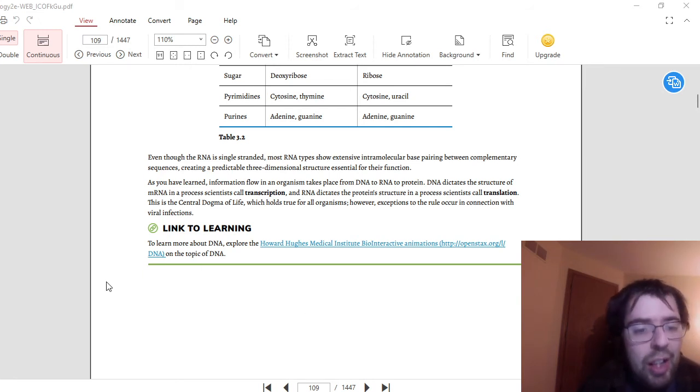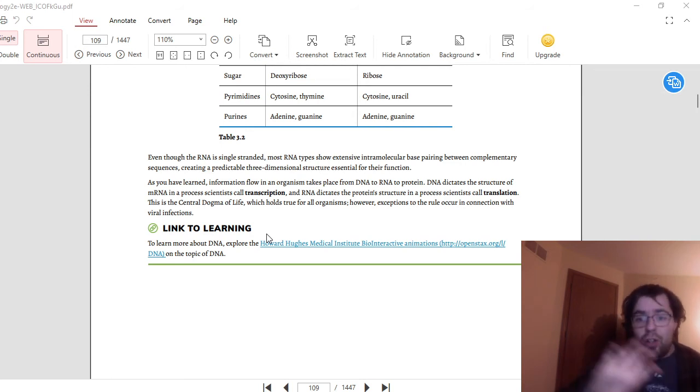That is important. The central dogma of life states that when DNA is created, it sends out the RNA, which copies the DNA, and the RNA goes out and creates the proteins for other cells. That's why I call it the central dogma of life. If that doesn't happen, life cannot exist. It just can't.